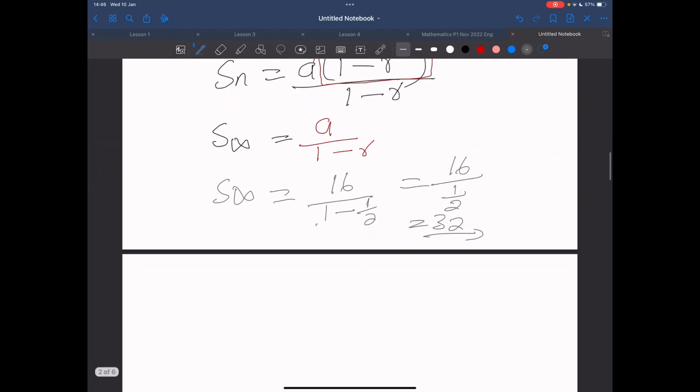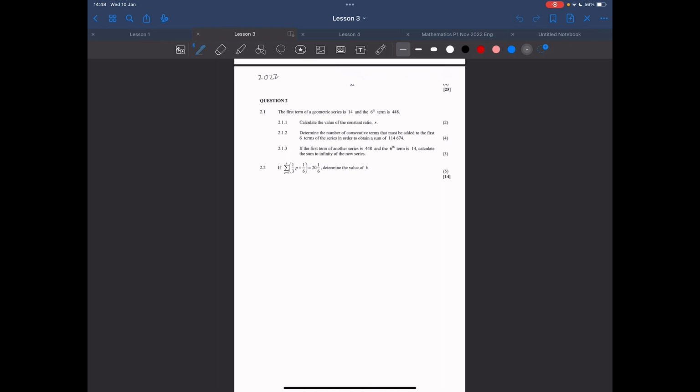Right, now we are going to take a few examples. Let's take an example of November 2022. Now, let's look at this example from the November 2022 NCS grade 12 exam.